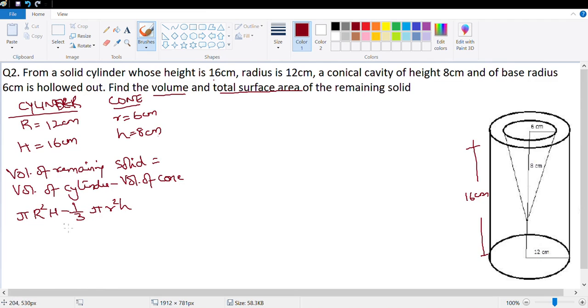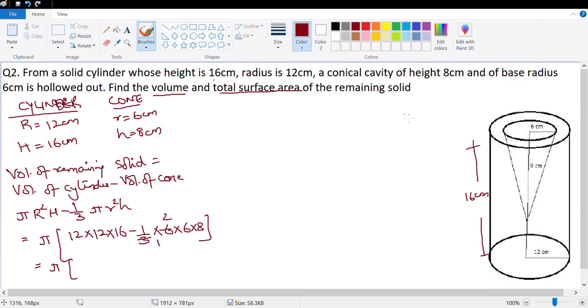I can take pi common, so this would be pi times R square, R is 12 into 12 into 16, minus 1 by 3 into small r, that's 6 into 6 into 8. That's 3 into 1, 3 into 2. So this would be pi times 144 into 16.